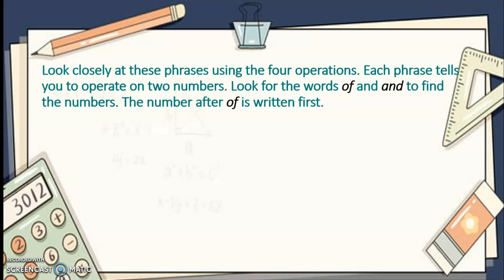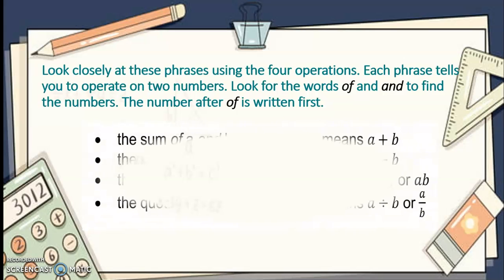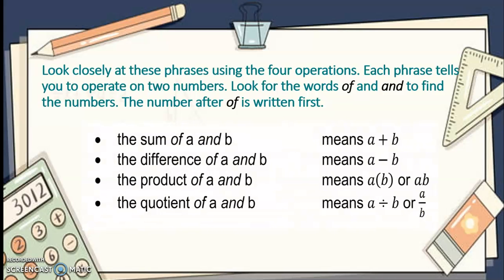Okay, so look closely at these phrases using the four operations. Each phrase tells you to operate on two numbers. Look for the words of and to find the numbers. The numbers after of is written first. So here, the sum of A and B means, okay, we are talking about sum.